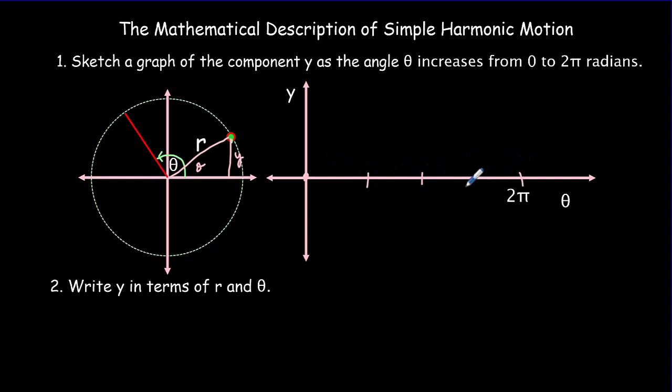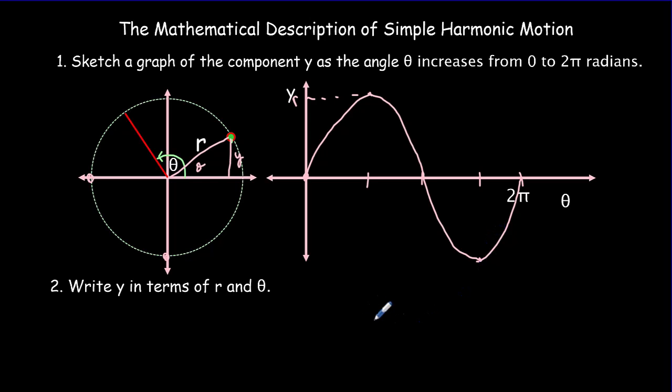So if I put this into quarters, it's going to reach a maximum here, where it's at a value of r. It's then going to fall back down to this point, and then it's going to have negative values of y down here until it gets to that minimum value of y. And then it's going to come back and then start the cycle all over again.